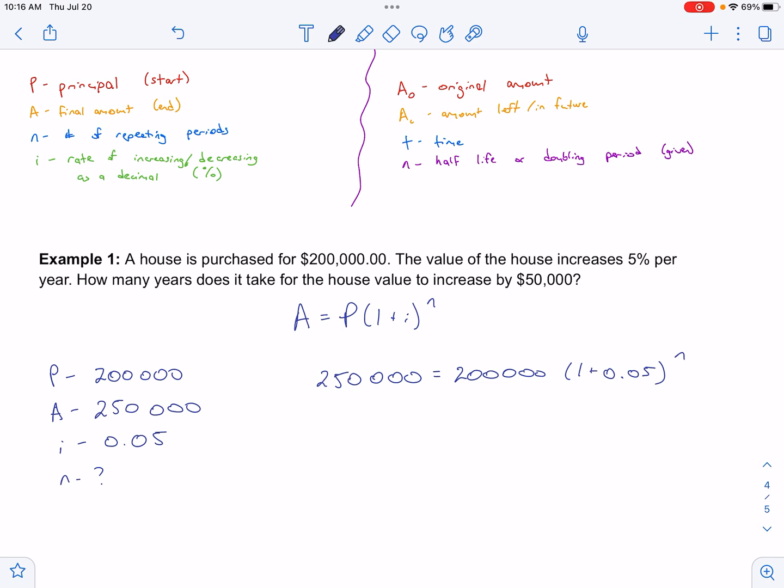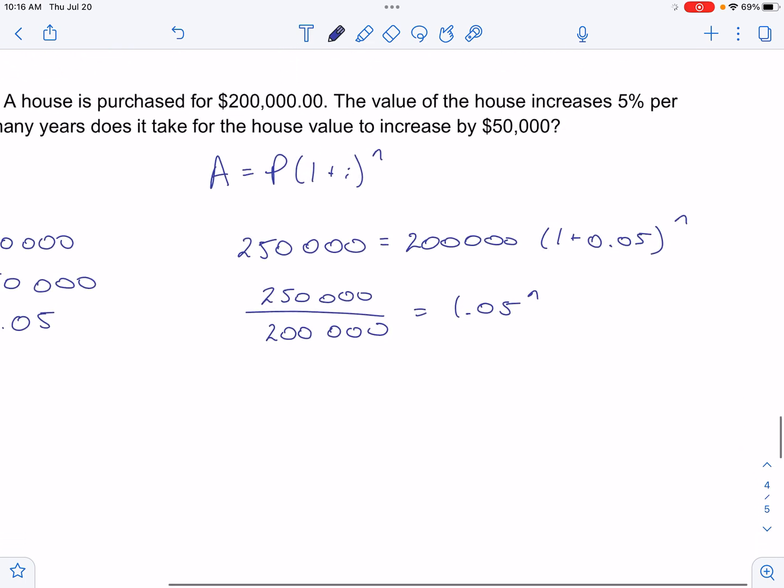I'm going to rearrange, divide both sides by 200,000, and simplify my bracket here to be 1.05 to the power of n. I'll simplify this fraction. 250,000 divided by 200,000 is 1.25. So 1.25 equals 1.05 to the power of n.